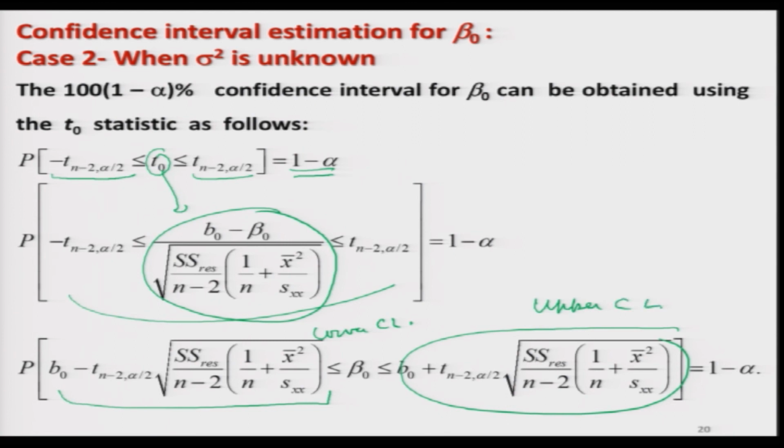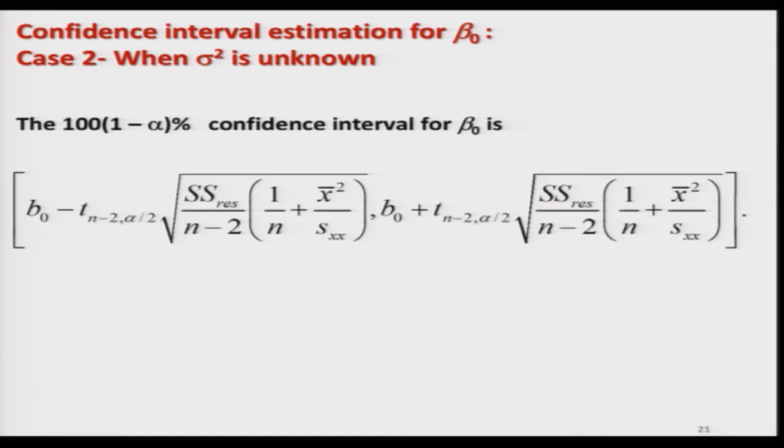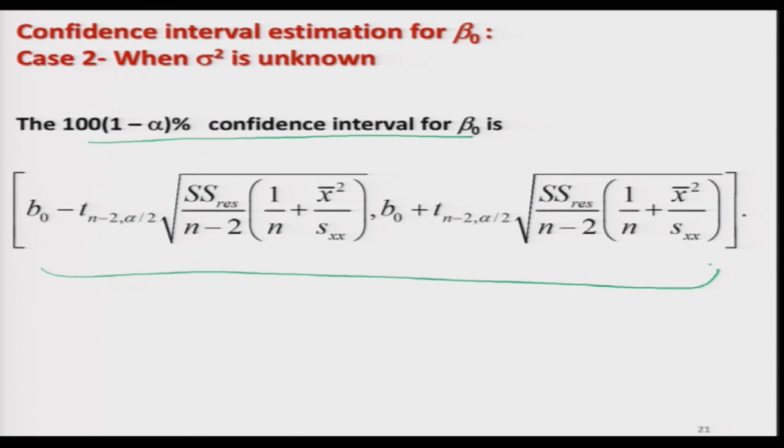So, the confidence coefficient is 1 minus alpha. Hence, the 100 1 minus alpha % confidence interval for beta 0 can be obtained like this. So, now we have obtained the confidence interval and test of hypothesis for beta 0 and beta 1 under 2 cases: when sigma square is known and sigma square is unknown. So, this is your lower confidence limit and this is your upper confidence limit.